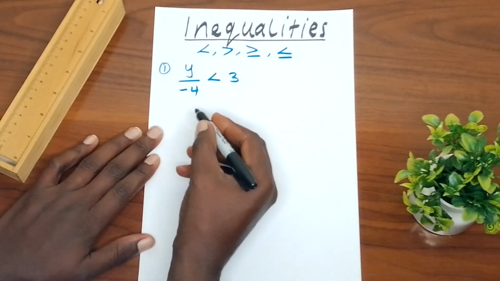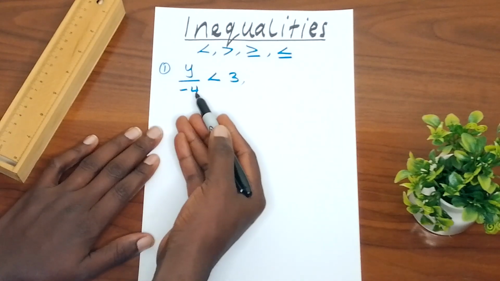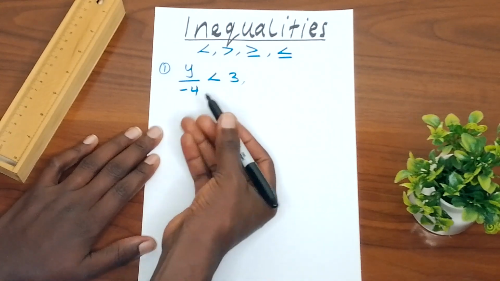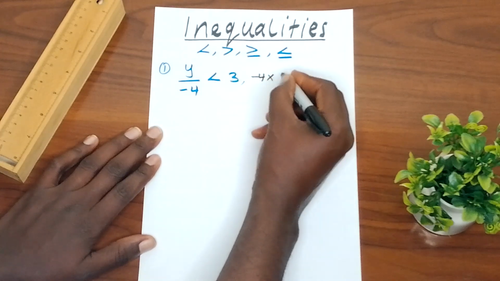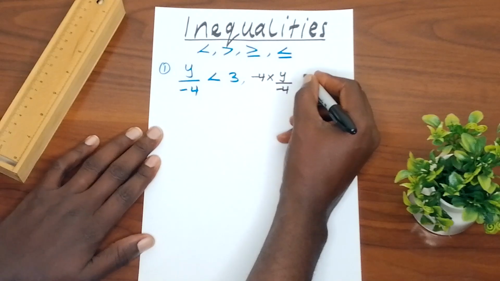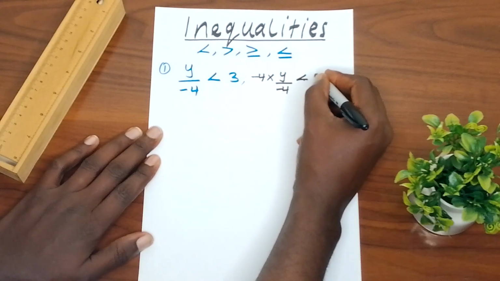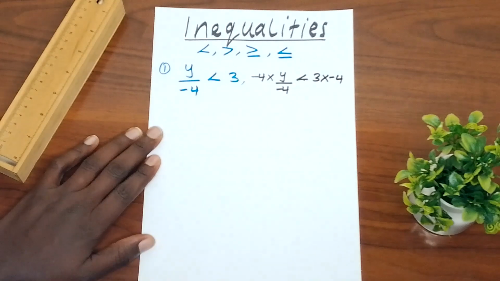In this case, we will have to multiply by -4 on both sides. So we'll say -4 times y over -4 is less than 3 times -4.